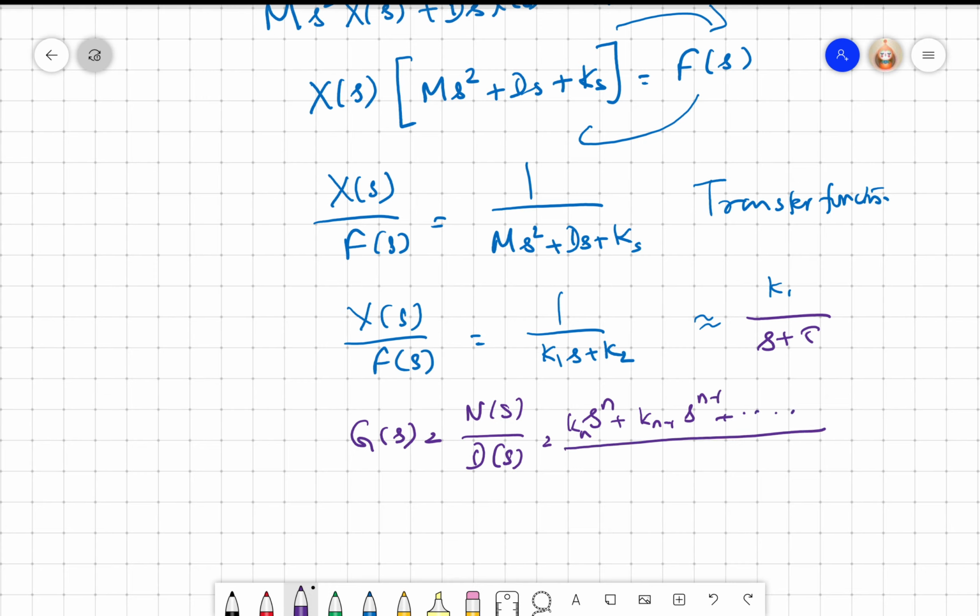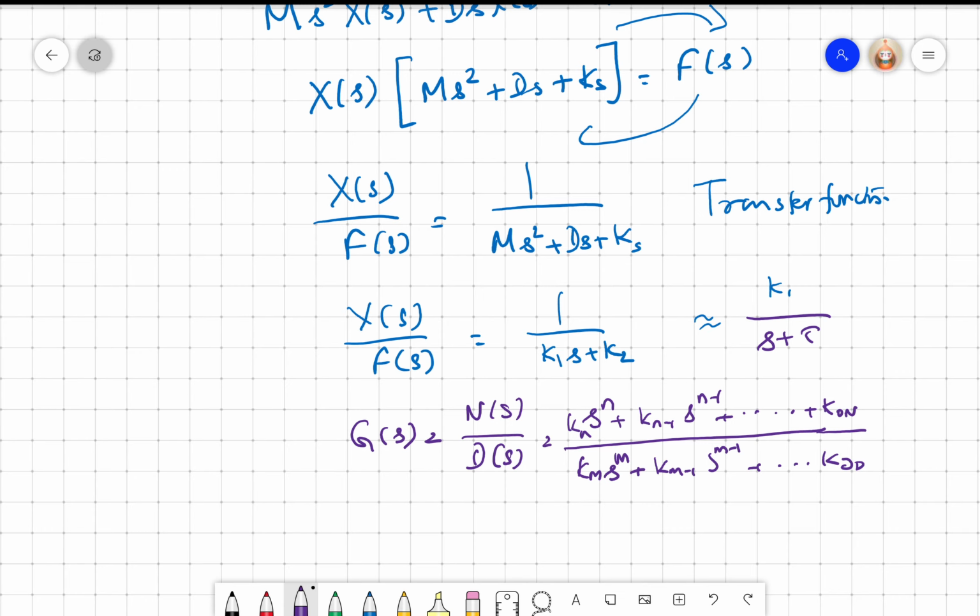Similarly, I can have km s power m plus km minus 1 s power m minus 1 dot dot dot and k naught, with k naught in the numerator and k naught in the denominator. It's a general function.